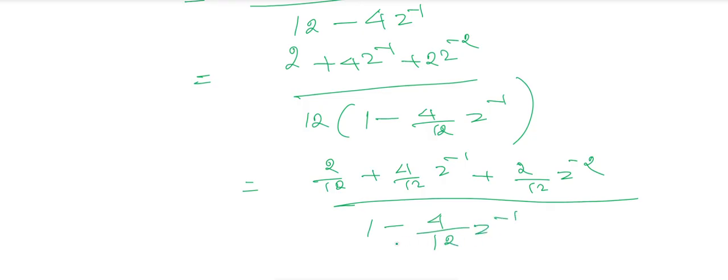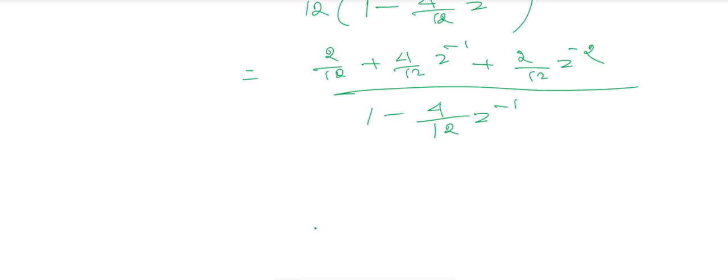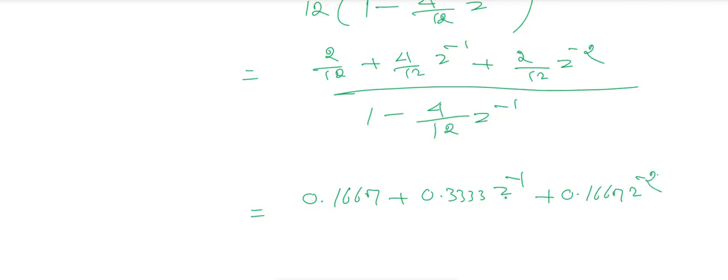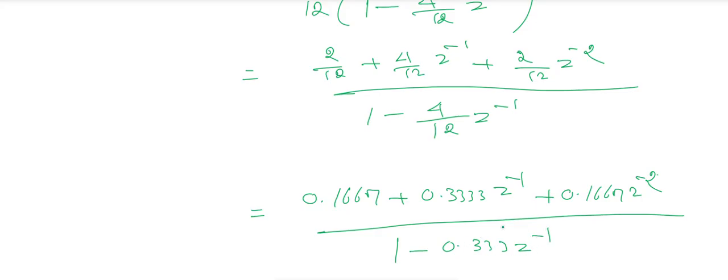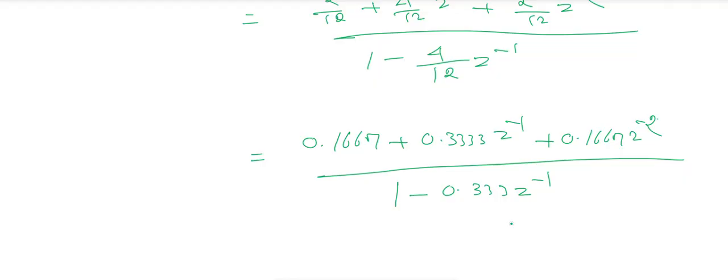Now you can simplify the coefficients: 0.1667, 4 by 12 is 0.333 z inverse, plus 2 by 12 is 0.1667 z minus 2, divided by 1 minus 0.333 z inverse. So these are the coefficients.